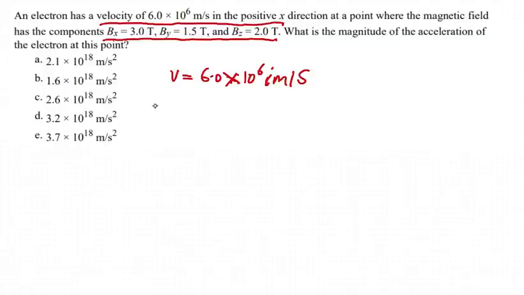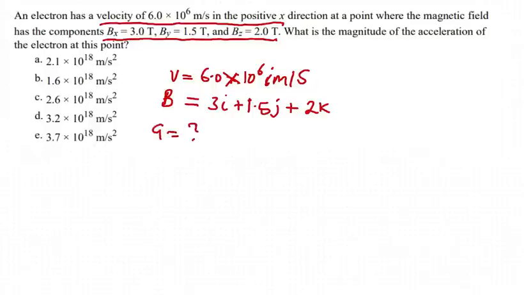The magnetic field is equal to 3i plus 1.5j plus 2k, indicating the directions. And we are asked to find the acceleration. Acceleration is unknown.